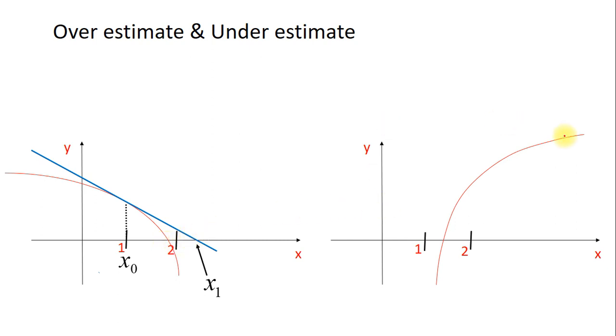Now let's see over here, if it is in this situation and I choose the initial approximation x0, where do you think the first approximation will be? Now you draw a tangent over this point.